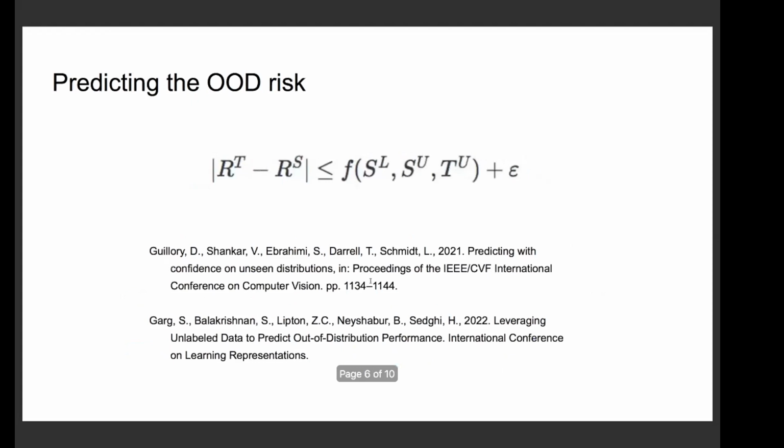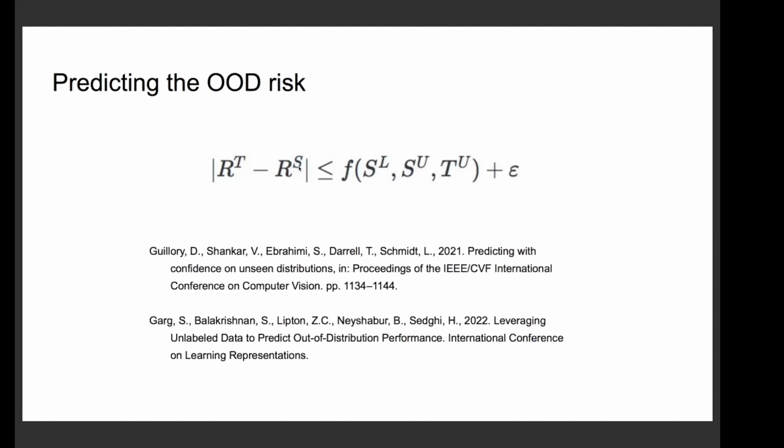Okay. And the second line of work does not use the target labeled data. Instead, they are directly trying to predict the out of distribution risk. They try to estimate the gap directly with a function of the source data, the source labels and unlabeled data, and the unlabeled target distribution.